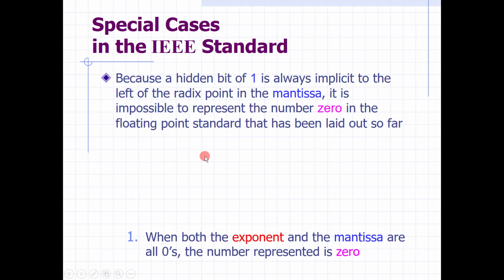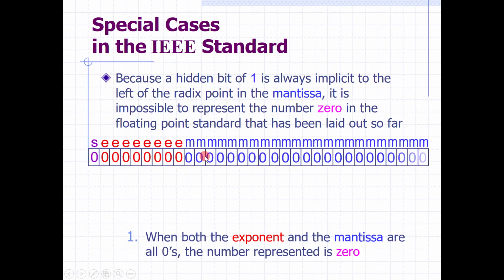Basically, it makes a lot of sense. The number 0 in single precision standard will be the case where everything is 0. So that's a very logical code here. We could use some other code, but this one seems very appropriate for the number 0.